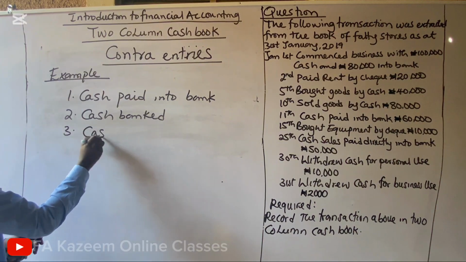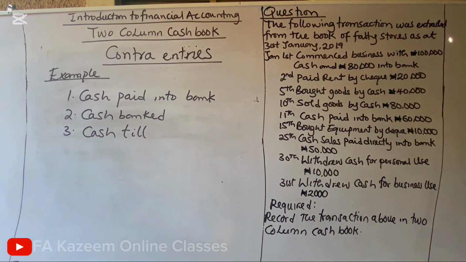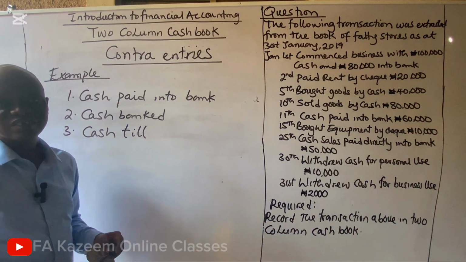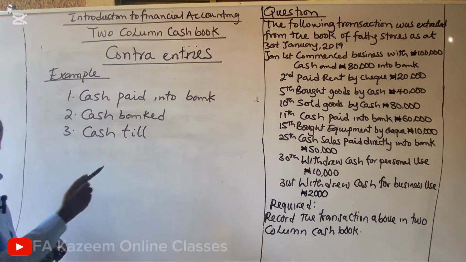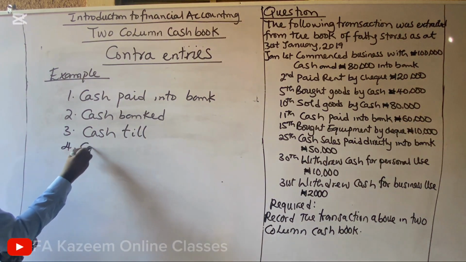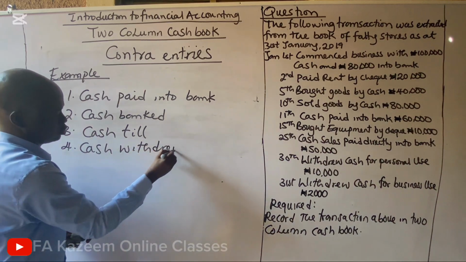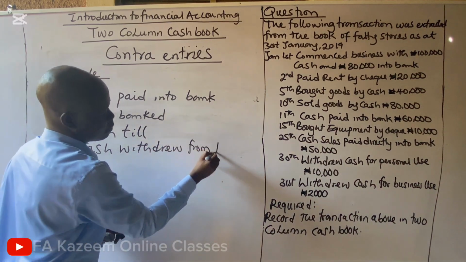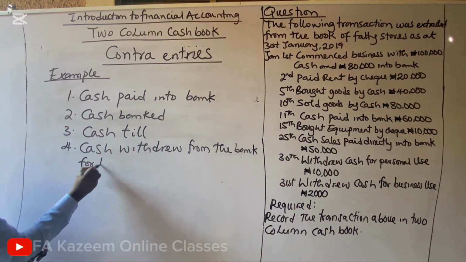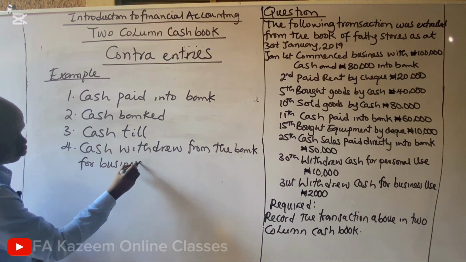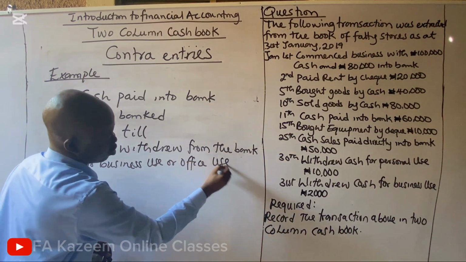Three, instead of writing it as cash banked, we can write it as cash till. Till means T-boss. T-boss is where money is kept in the bank, meaning the T there represents bank. Four, we can also say cash withdrawn from the bank for business use, or we can call it for office use.